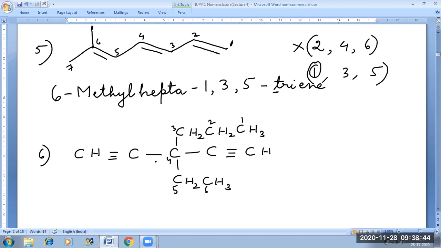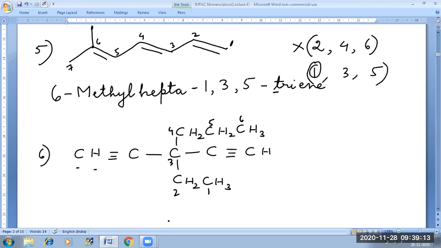Or let's say I start 1 from the lower end. So 1, 2, 3, 4, 5, 6. Now is it correct? Now the third carbon has a substituent, that is this entire thing is a substituent and this entire thing is a substituent, if I number in this manner.